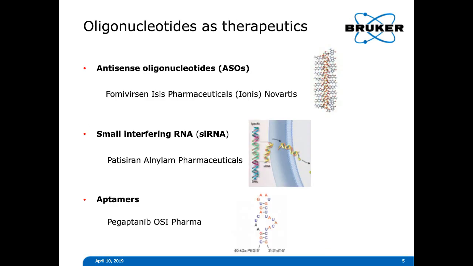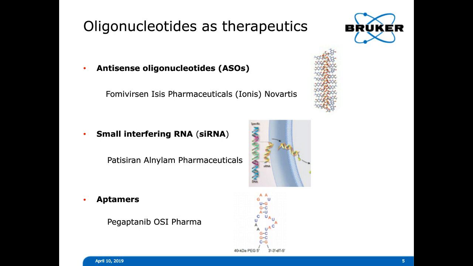Looking at the three different types of oligonucleotides as therapeutics, we see that we have antisense oligonucleotides, also known as ASOs. These are short synthetic single-stranded oligodeoxynucleotides that can alter RNA and thereby reduce, restore, or modify protein expression through several distinct mechanisms.